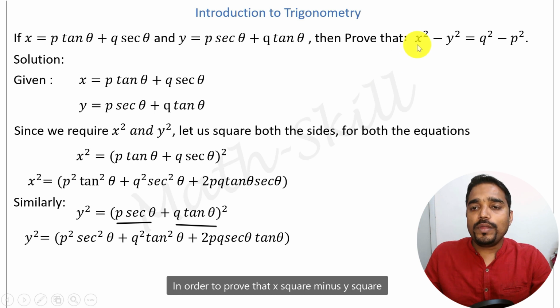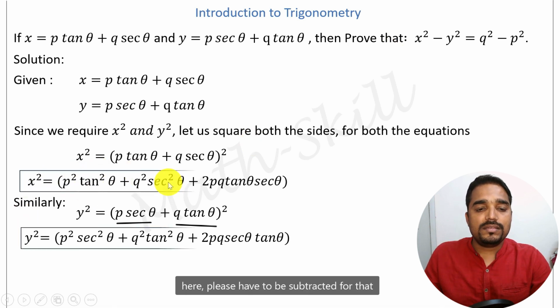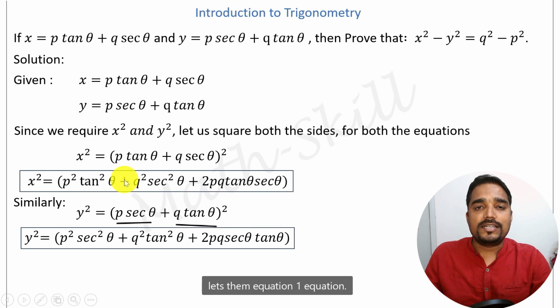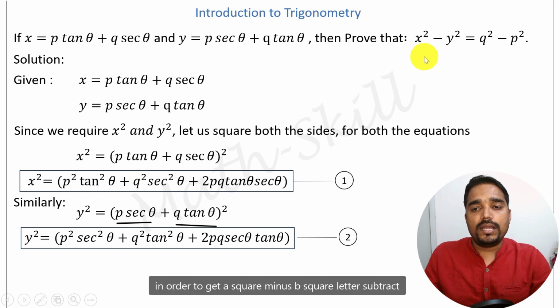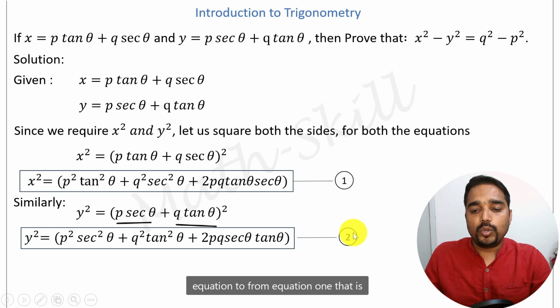Now in order to prove x square minus y square is equal to q square minus p square, the expressions for x square and y square that we have got here have to be subtracted. For that, let's call these equation 1 and equation 2. In order to get x square minus y square, let us subtract equation 2 from equation 1.